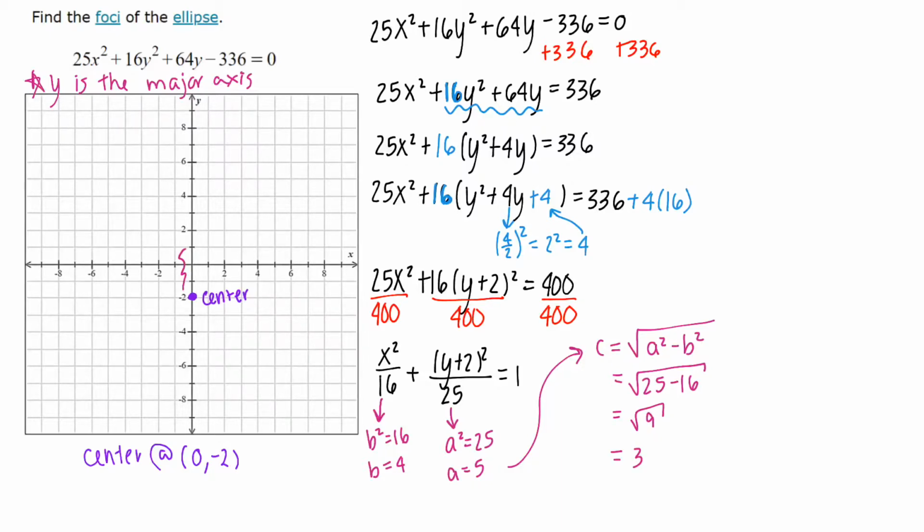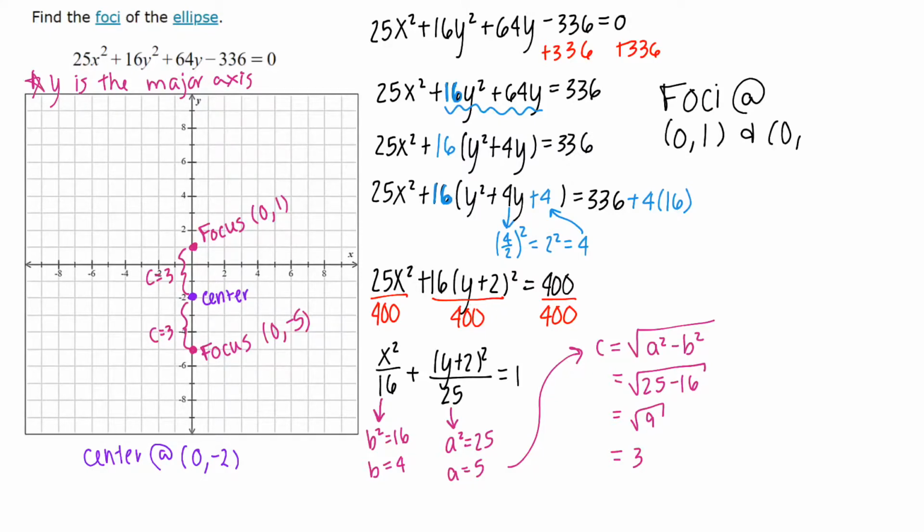So 3 units up from the center, that'll be one of our foci, so this is a focus. And 3 units down from the center will be our other focus. So this one's at the point 0, 1, this is at the point 0, -5. So the 2 foci, which is what we were looking for, are at 0, 1, and 0, -5, and that's that.